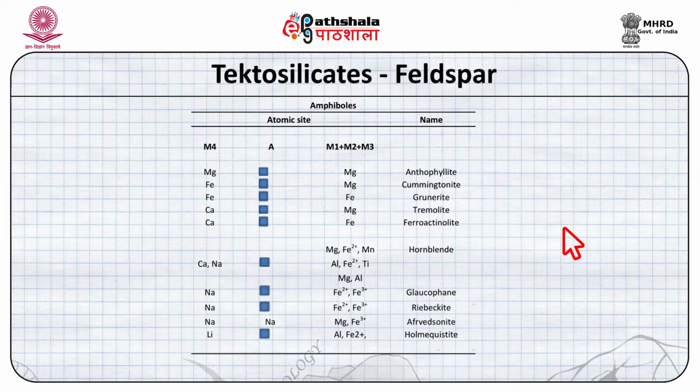In arfvedsonite, which is a sodium amphibole, the A site also has a significant amount of sodium, and there are some lithium amphiboles also present, in which case the lithium occupies the A site.